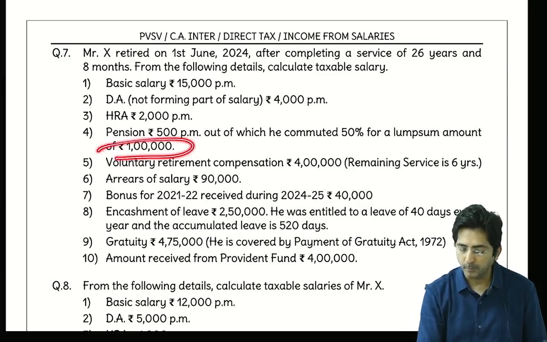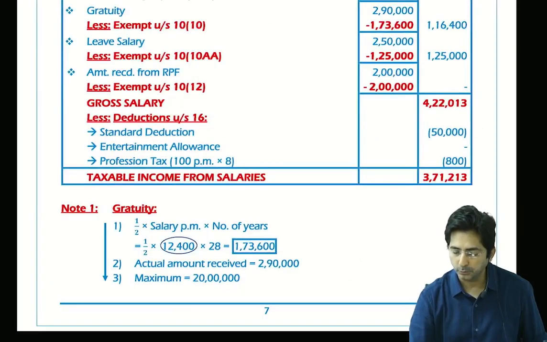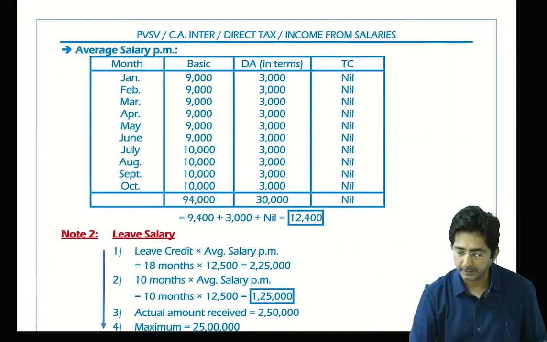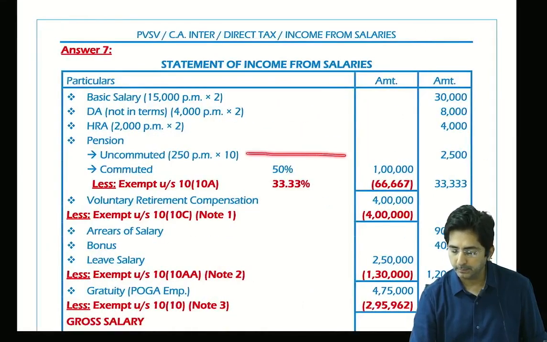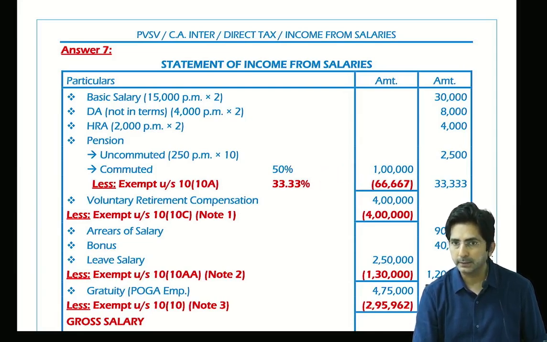This is a lump sum amount of 1 lakh. For this you have to do cross multiplication. Check here. First, did you see uncommuted pension 2,500? Getting? Then commuted was 50%. Then why did I take 33.33%? He is receiving gratuity. So by cross multiplication you will get 66,667. Outer column 33,333. Getting or not?